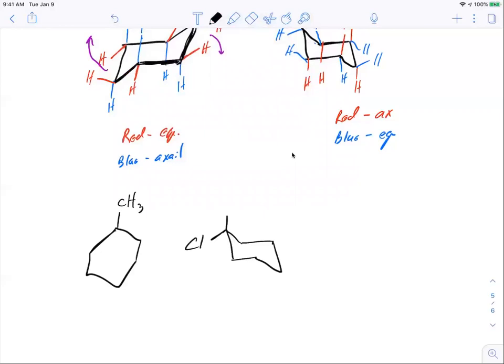The equatorial is going to give me more space for that methyl group, right? So its interactions with the hydrogens that are staggered, the hydrogens that are next to it, are going to be lower if it is in the equatorial position, right? So it's this versus that, right? They're kind of waved out away from the ring versus being straight and above the ring.